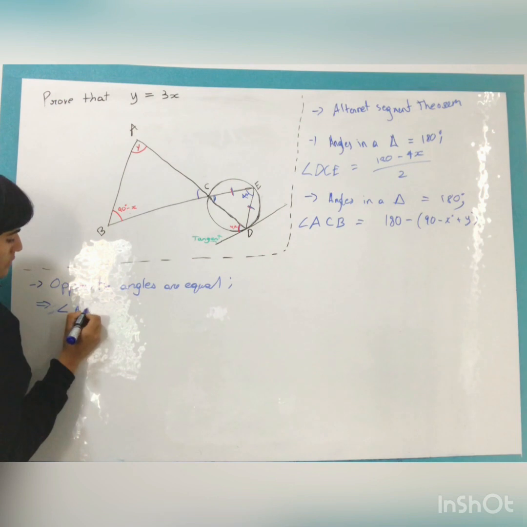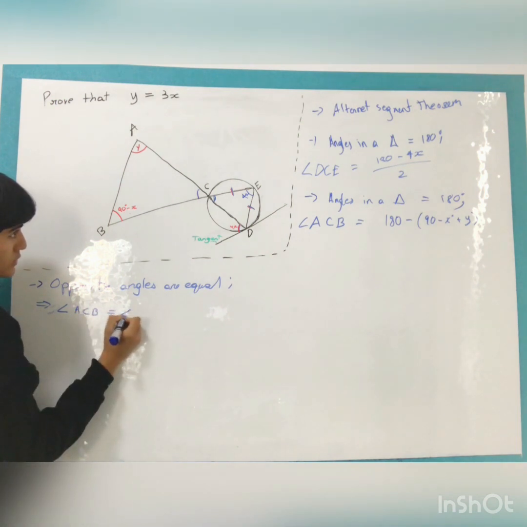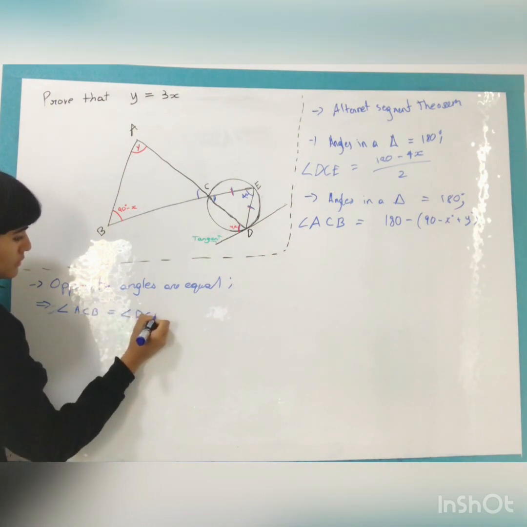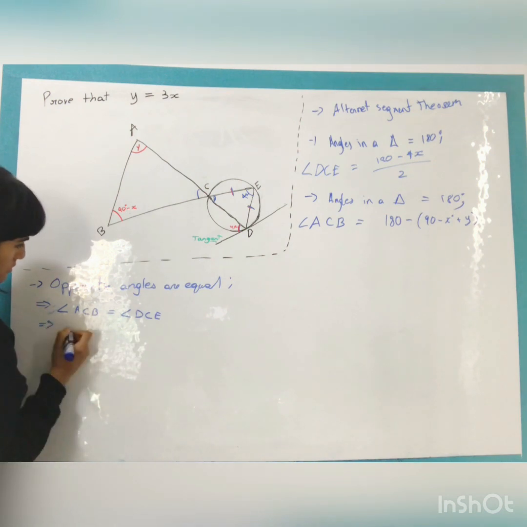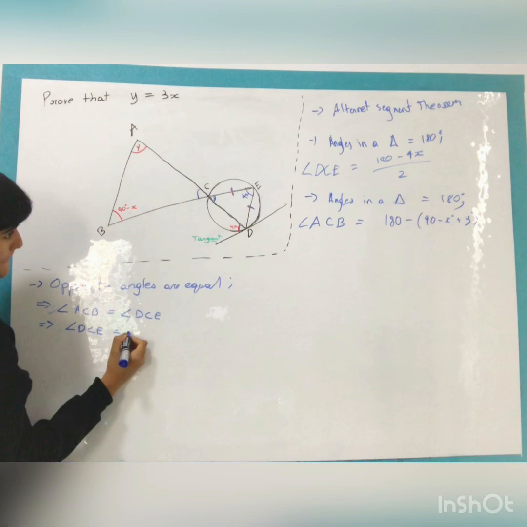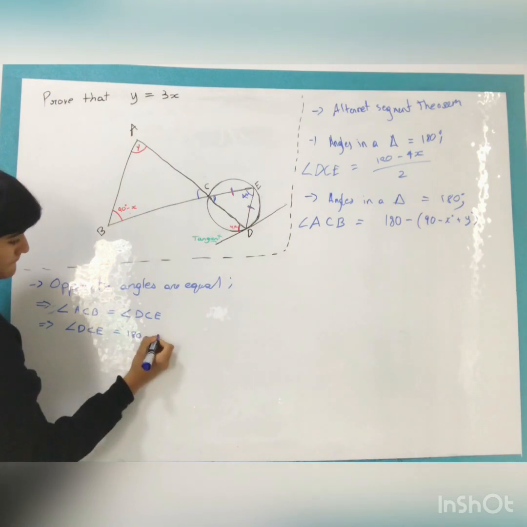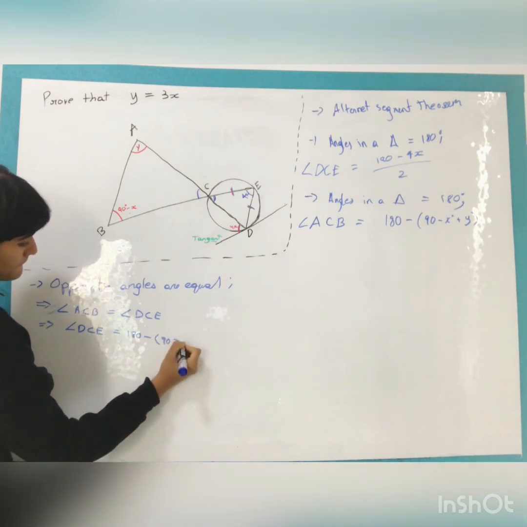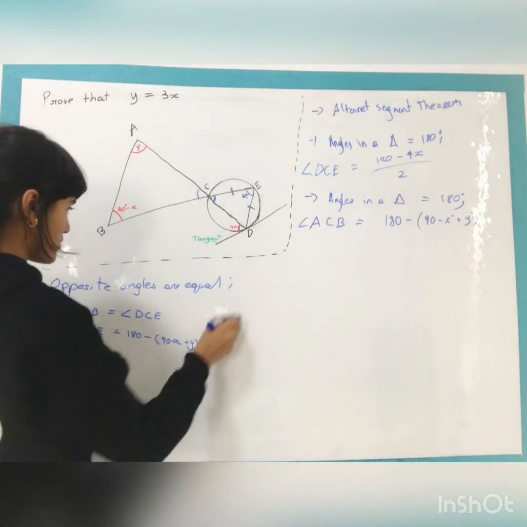Angle ACB is equal to angle DCE. Right, since we know that, we also know that means that angle DCB must equal 180 minus 90 minus x plus y. There we go.